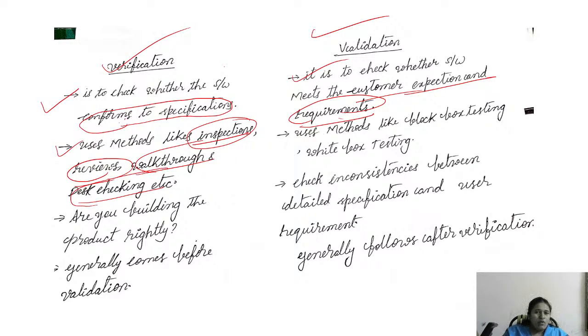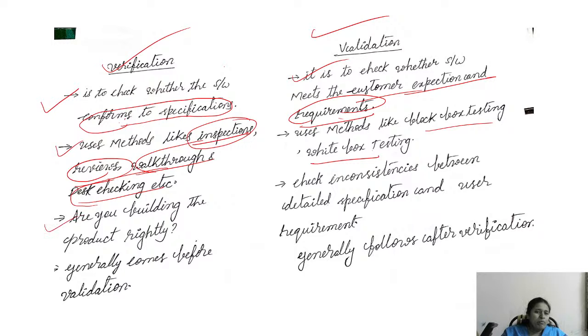Whereas validation uses methods like black box testing and white box testing, which test the functionality and internal mechanism of the program.